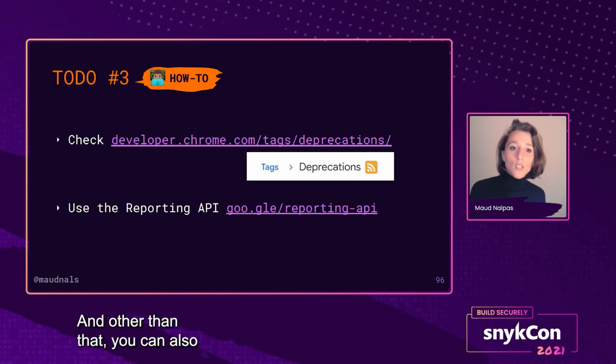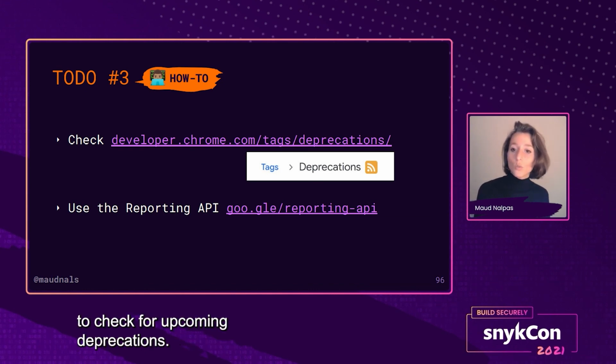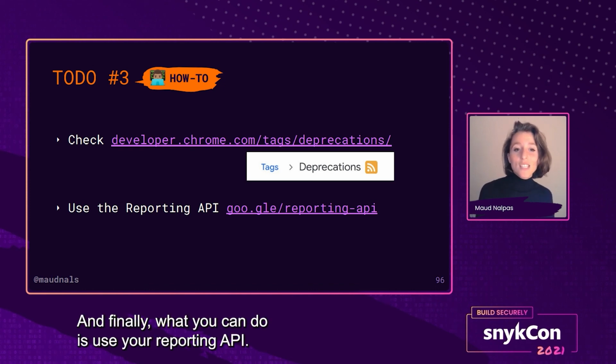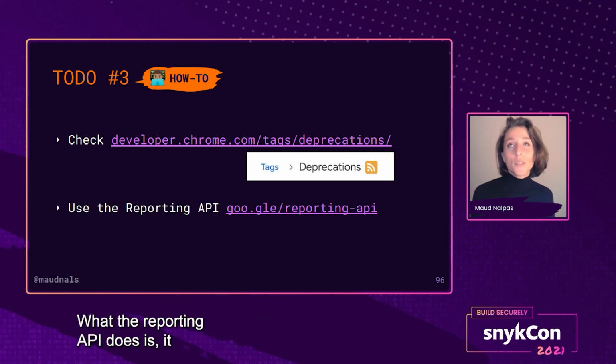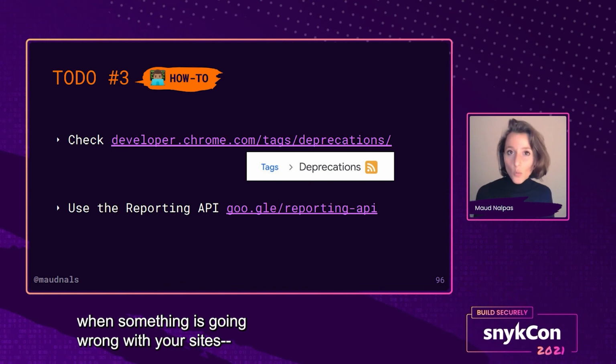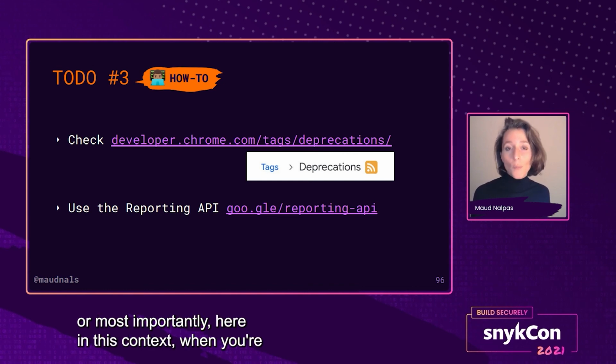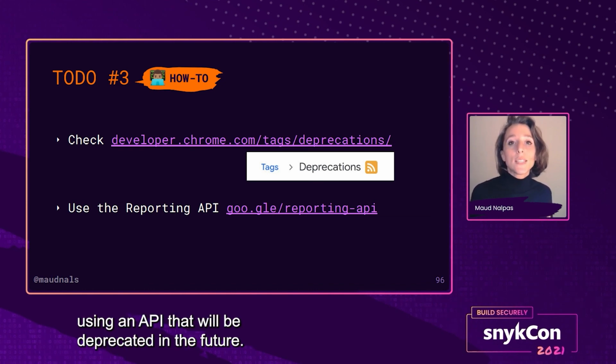And other than that, you can also check the link I have just added to that slide to check for upcoming deprecations. And finally, what you can do is use the Reporting API. What the Reporting API does is it gives you a way to receive reports when something is going wrong with your site, either a policy you've set is being violated, or most importantly here in this context, when you're using an API that will be deprecated in the future.